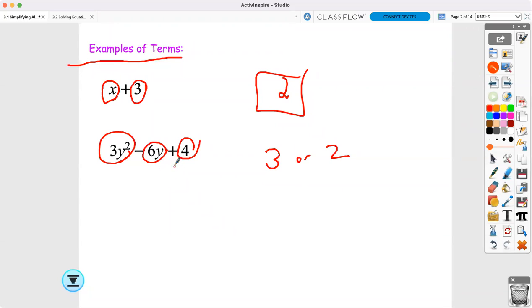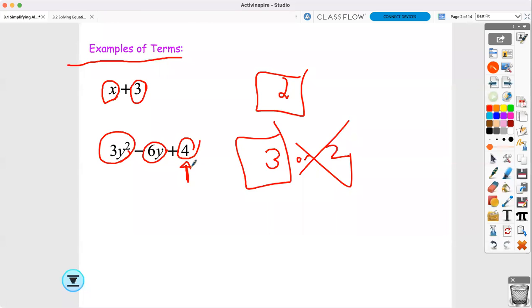Not x and y, but plus and minus. So there's a plus and minus here. So there's actually a total of 3 terms, class, 3 terms. Does everyone understand how there's 2 and 3? Any questions?